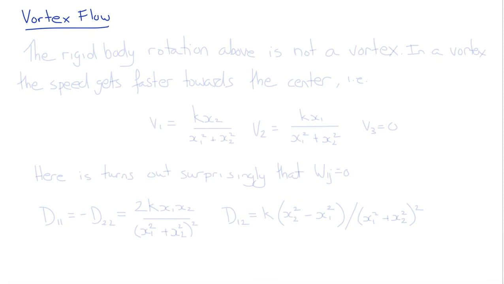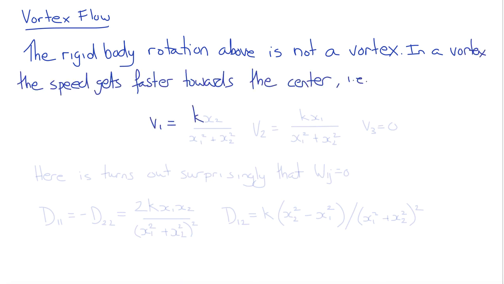So the example we just did is a rigid body rotation, but it's not a vortex. That's because in a vortex, the speed of rotation gets faster and faster as you get towards the center.